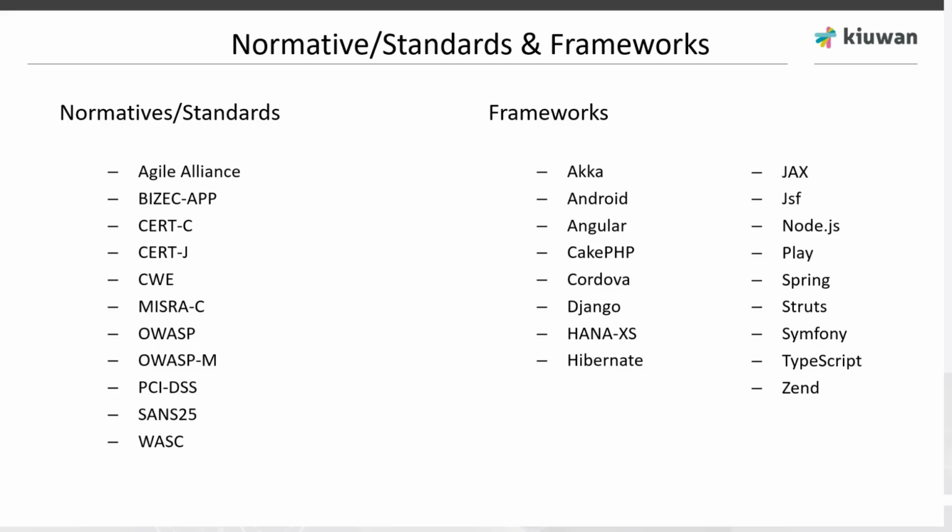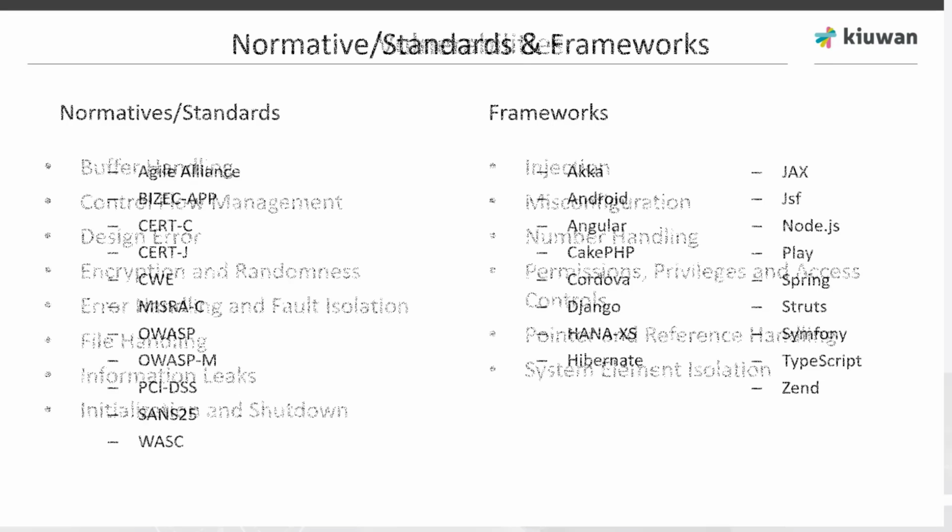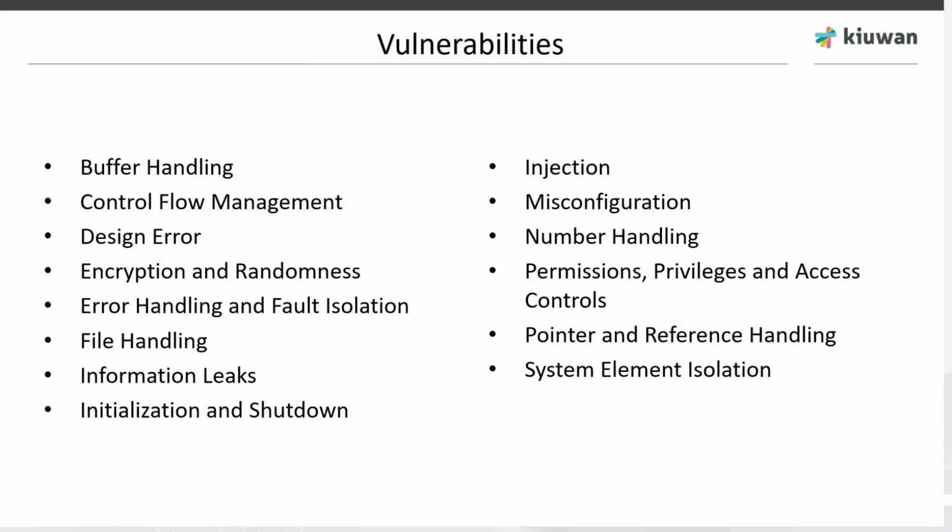When you perform a Kiuwan SAS scan, we are scanning your code looking for defects and vulnerabilities as defined by normative standards such as this. We have codified some 12 or 13 plus normative standards, and with those scans with respect to over 33 languages, but specifically with respect to some 25 plus frameworks.